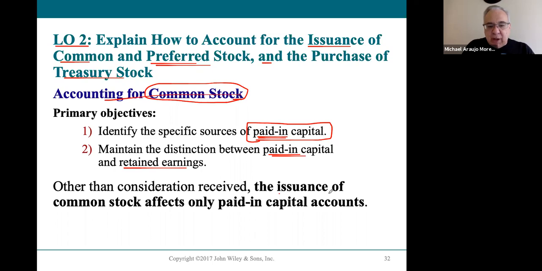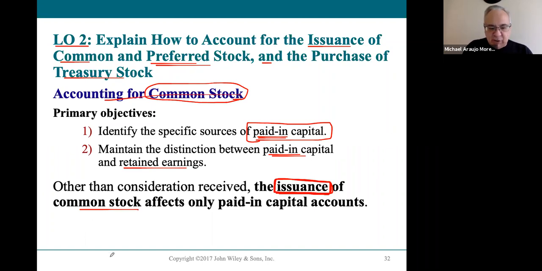So when a company goes ahead and issues shares of stock, that means they're selling shares of ownership in exchange for cash. So the word issue means to sell. What are they selling? Ownership, shares of ownership. And that's important to understand.